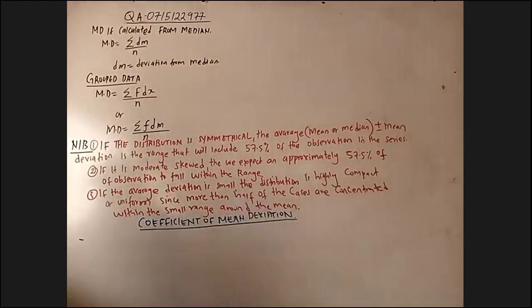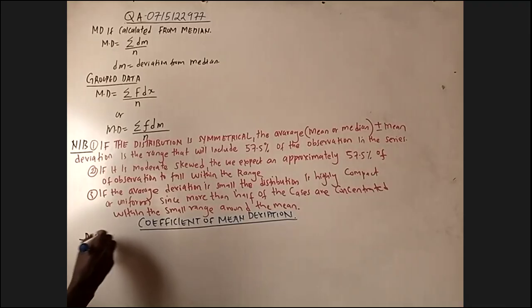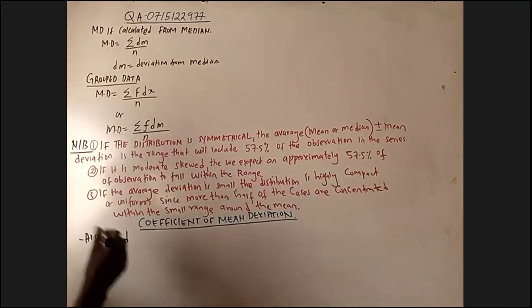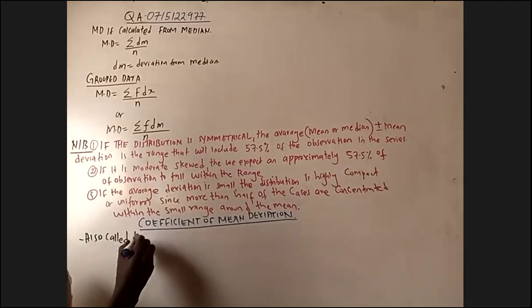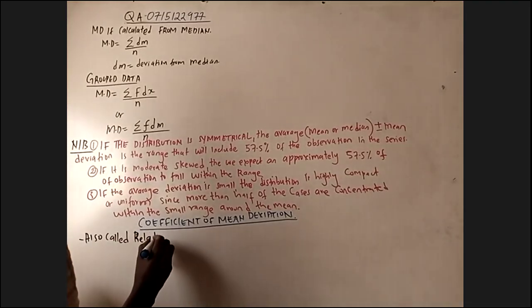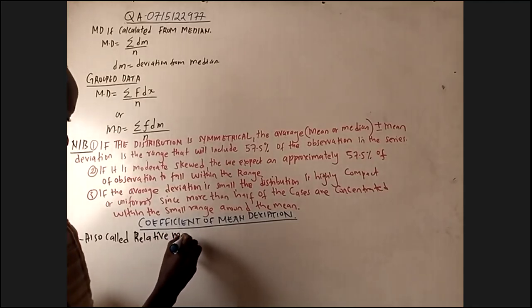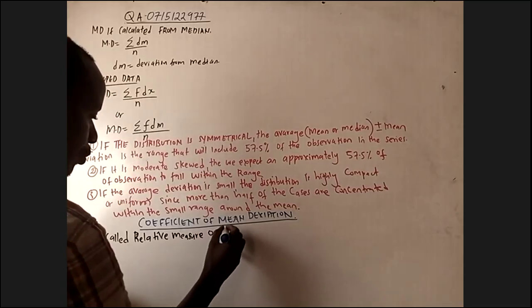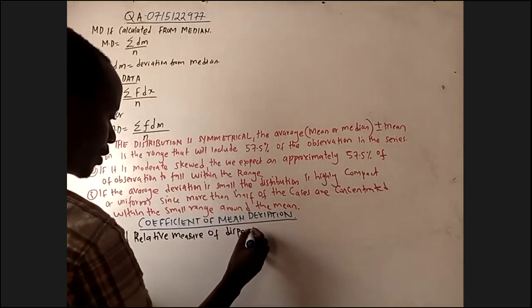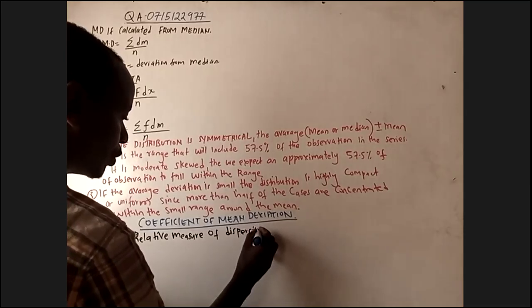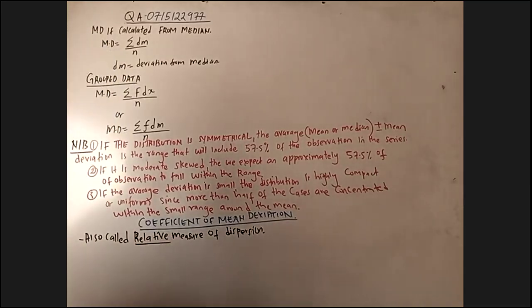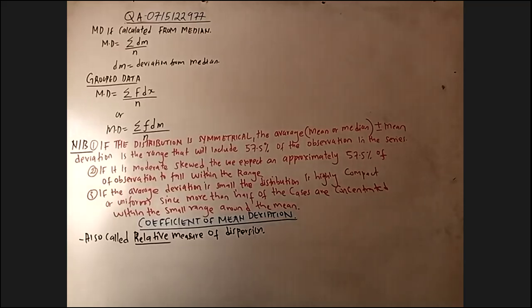Now let's define it. The coefficient of mean deviation is also called a relative measure of dispersal. Relative means the item is either in percentage or in ratio, not a whole figure.